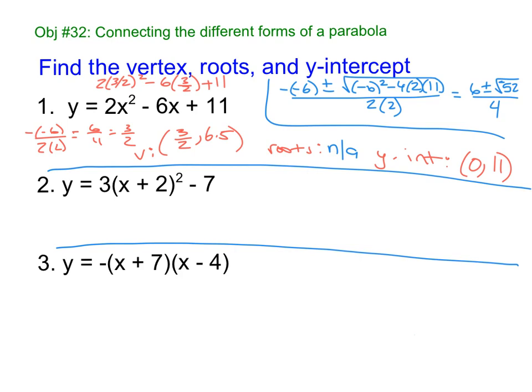All right, at least the vertex is easy on this one. So my vertex, change the sign of the inside, outside stays the same. My roots are going to be the ones that are gross. Okay, so we're setting this equal to 0. So 0 equals 3 times the quantity x plus 2 squared minus 7. I'm going to add 7 and divide by 3.